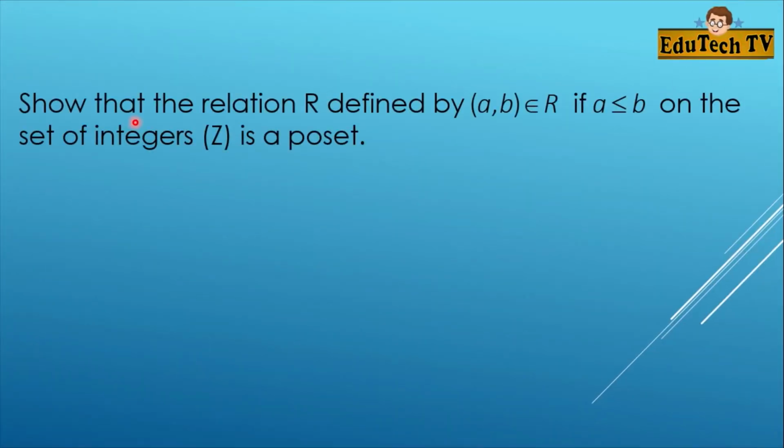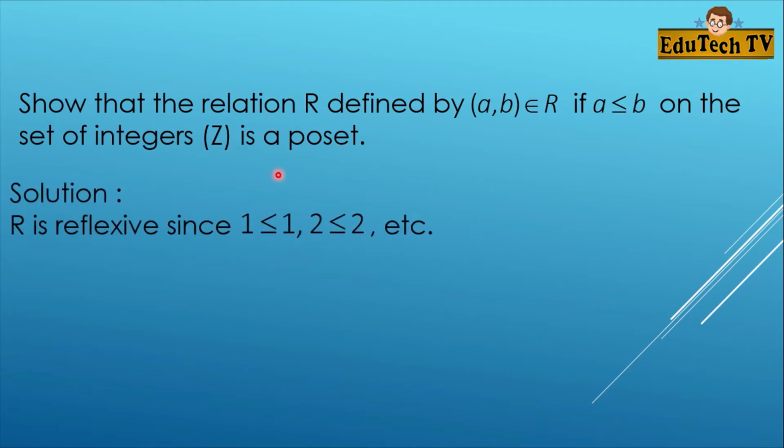Next, show that the relation defined by (a, b) is an element of the relation if a is less than or equal to b on the set of integers is a poset. Na poset siya kasi, first, yung R natin, which is a less than or equal to b, is meron tayong 1 less than or equal to 1, 2 less than or equal to 2.